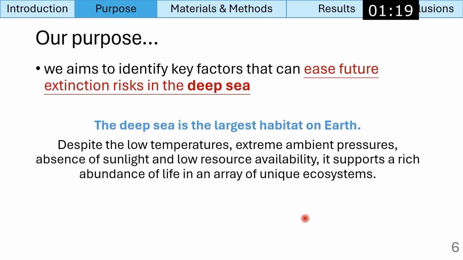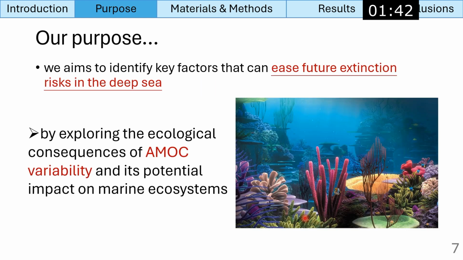So our purpose is to identify key factors that could ease future extinction risk in the deep sea, because the deep sea is the largest habitat on Earth, and although it has lower temperatures, extreme pressures, not much sunlight and low resource availability, it still supports a rich abundance of life in the ocean.